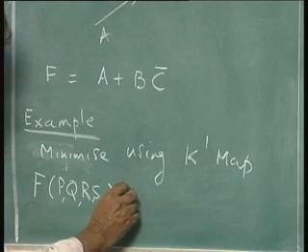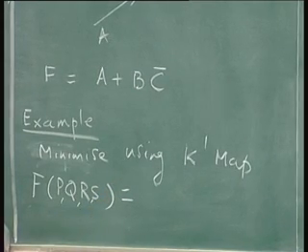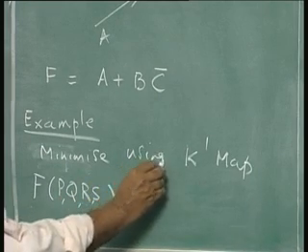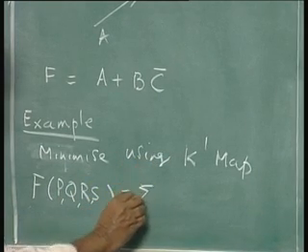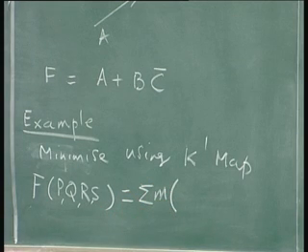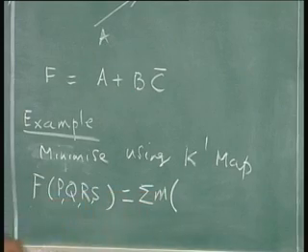I am going to write arbitrarily, I am not having any particular function in mind. When you put sigma m, the following minterms have 1 as the output or true as the output, and the rest of the minterms have 0 as the output. That is what we write as the sum of product representation in minterm form.